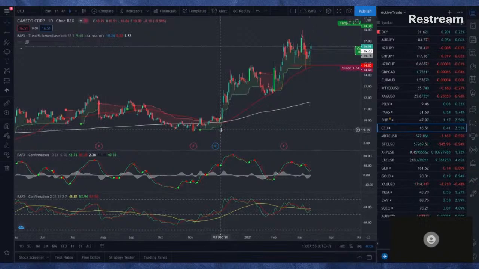So I am still good to hold this one. But again, I am not trading this for a short to mid term, but I am planning to stay on this in the longer term.